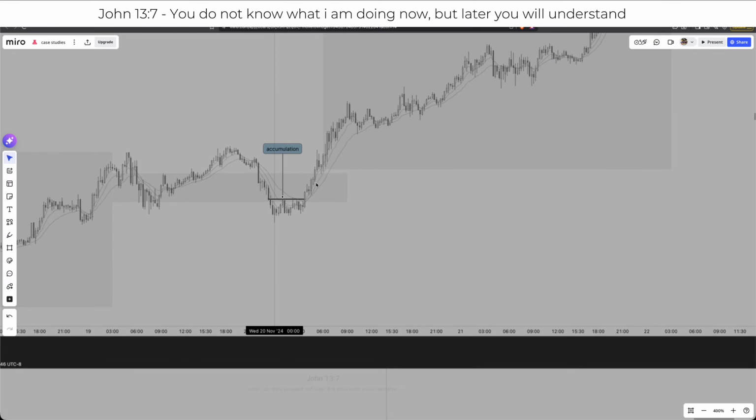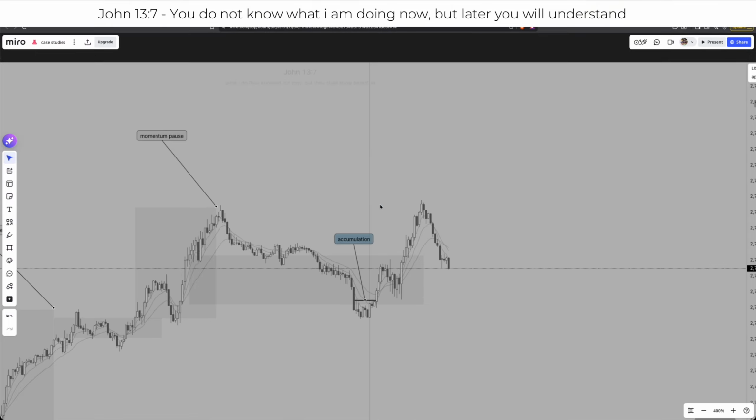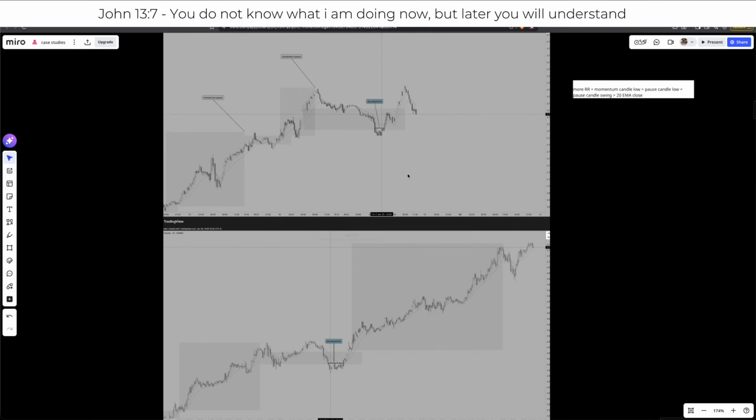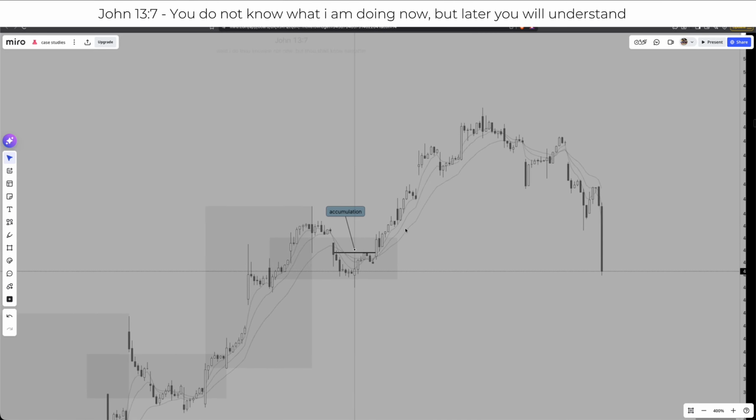And then as you continue with the momentum candles, momentum candle here, momentum candle here, momentum candle, not really a momentum candle here, you have a momentum candle right there. So if I follow with the pauses, you have a pause under here, you have a pause, yeah, it doesn't really do anything, eh?